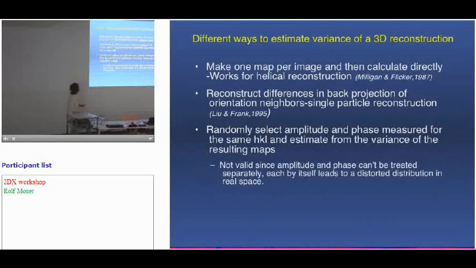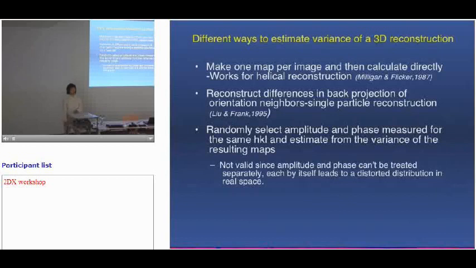The third one was done earlier. Basically the idea was a naive one. You thought, we can vary the amplitudes and the phases in Fourier space, and for each variation that you create, you can reconstruct the map and use those maps to estimate the variance.